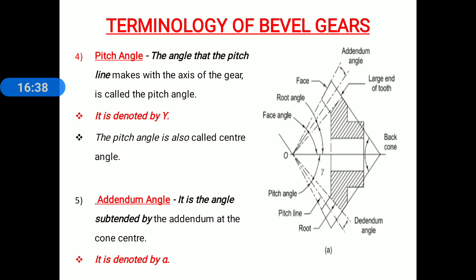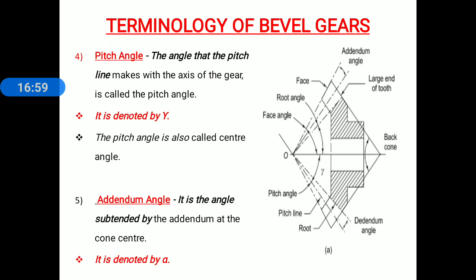Observe the pitch line and the axis of the bevel gear, that is O to C. The angle between these two lines is called pitch angle, and it is denoted by letter gamma. Pitch angle is also called center angle. Remember, that is for the MCQ.